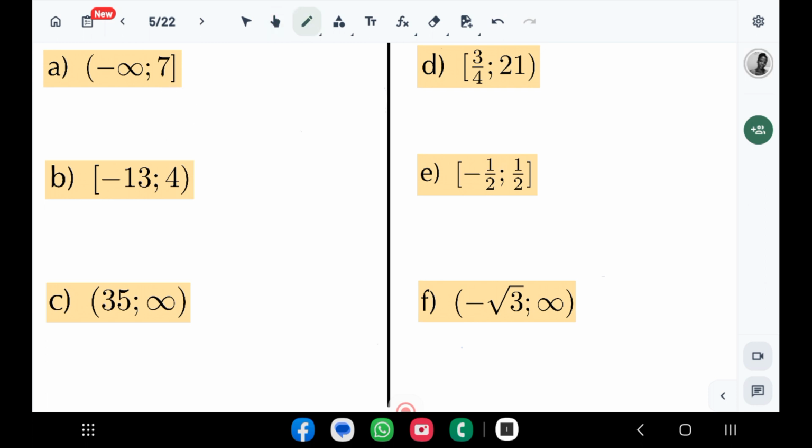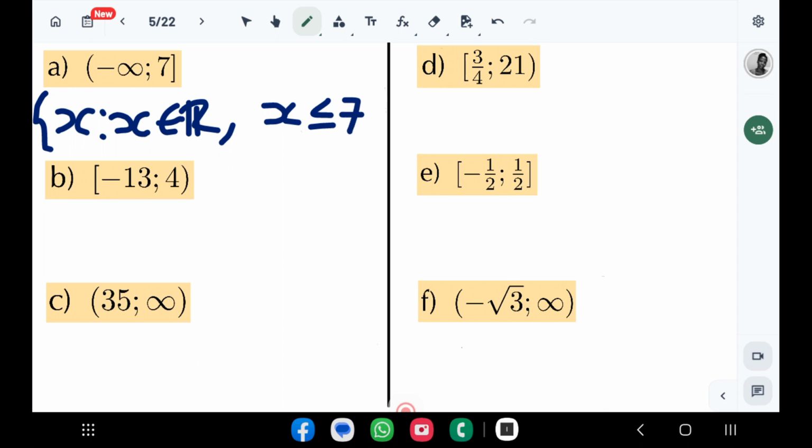This is how you go. So {x | x is an element of real numbers such that x is less than or equal to 7}. You can use another variable if you want. I just prefer x because it makes life easier that way. That's how you represent that in set notation.